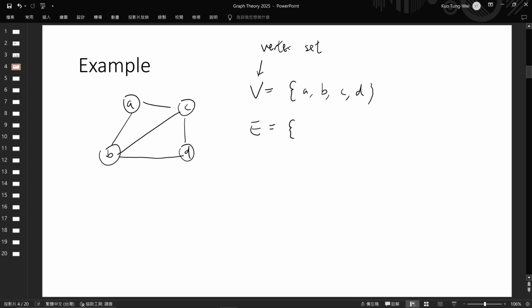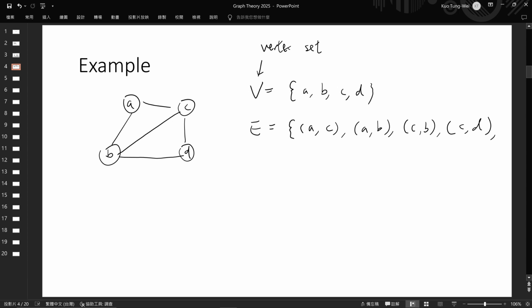And since edges are just pairs of vertices, we can write down these edges as AC, AB, CB, and CD. I still missed one.